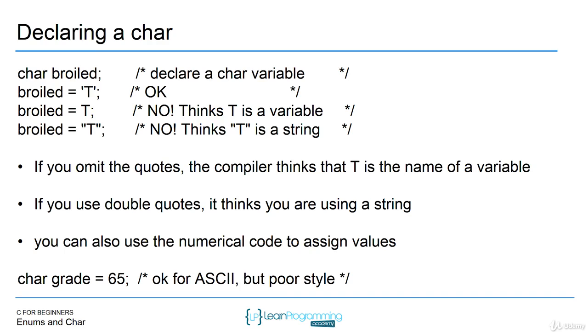So if you assign 65 to grade, it's going to look 65 up in the ASCII table, and it's going to be the equivalent of whatever character that is. You'd have to look in the ASCII table to see what that character is, but I know B is like 48. Again, this is the way the computer represents certain characters, by numbers. So you can assign numbers to characters. They're just going to be converted to single characters based on what they are in the ASCII table.